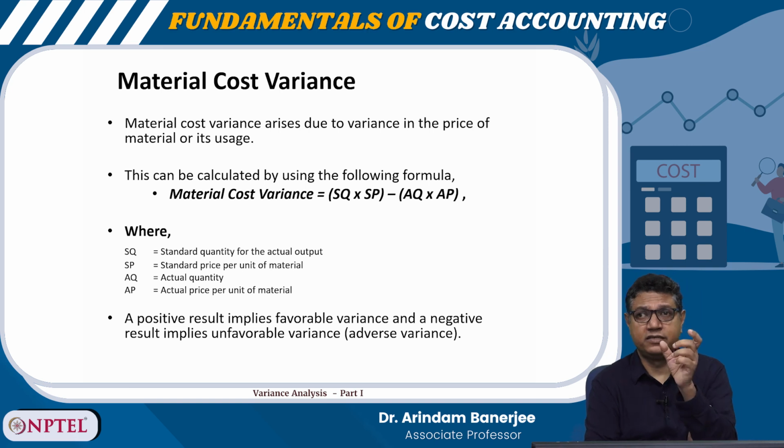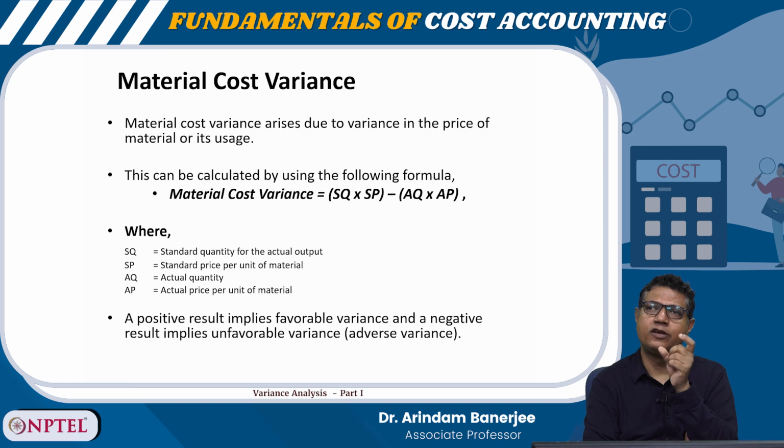So, this difference, standard quantity into standard price, that is my standard material cost, minus actual quantity into actual price, that is my actual cost, is my material cost variance. This cost variance may be favorable.